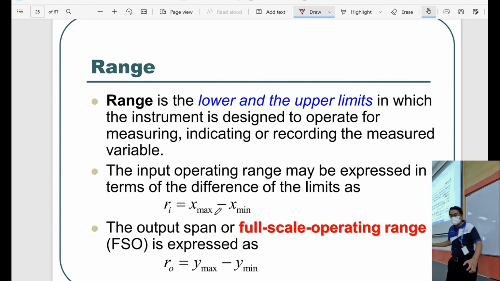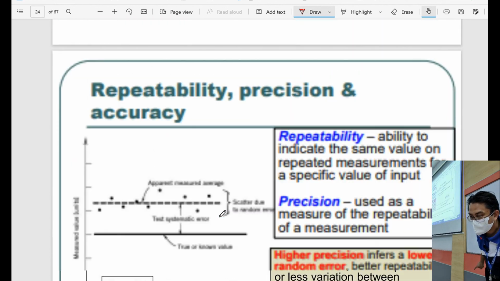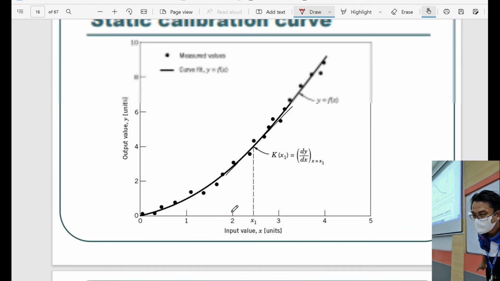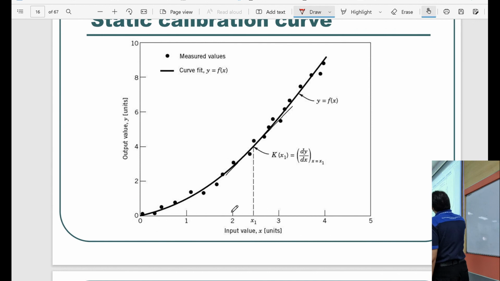Look here, if I go back to the calibration curve. What is the full scale output for this one? It's 0 to 9, roughly.